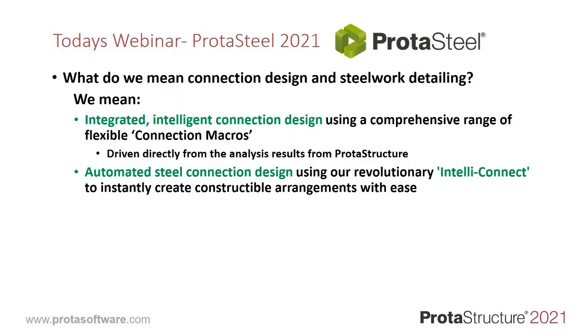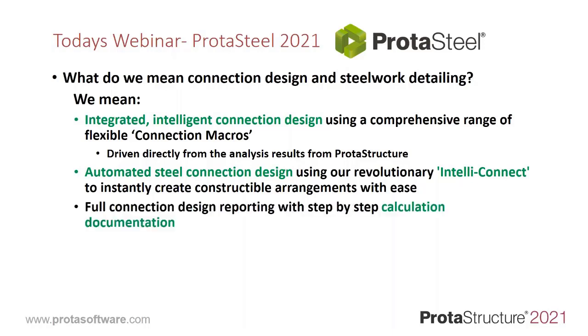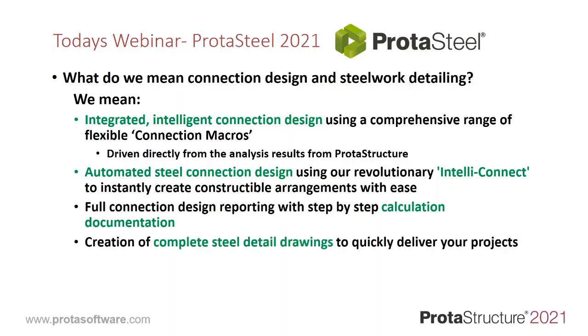So once the model is inside with all the forces from ProtaStructure, you can go on to automated steel connection design using our revolutionary Intelliconnect. I'm going to be talking about that in a while. And we create constructible arrangements with a lot of ease. There's full connection design reporting with step-by-step calculation documentation. There's a creation of complete steel detail drawings.